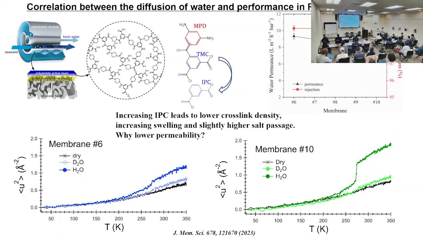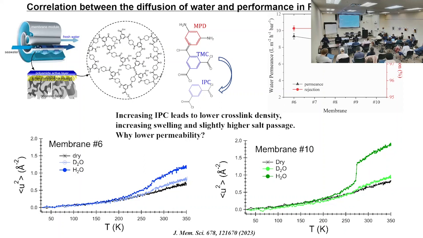Okay? So when you remove this TMC and substitute it with IPC, you have lower cross-link density, and this material swells more. So now it basically absorbs more water. Okay? So membrane number 6 here is the one with highest amount of TMC, swells very little.